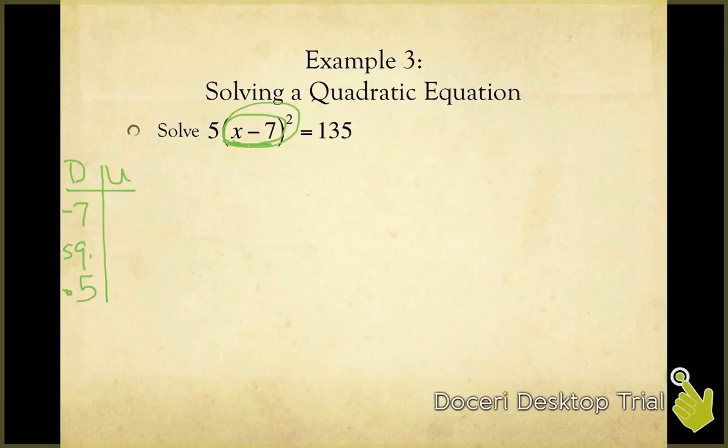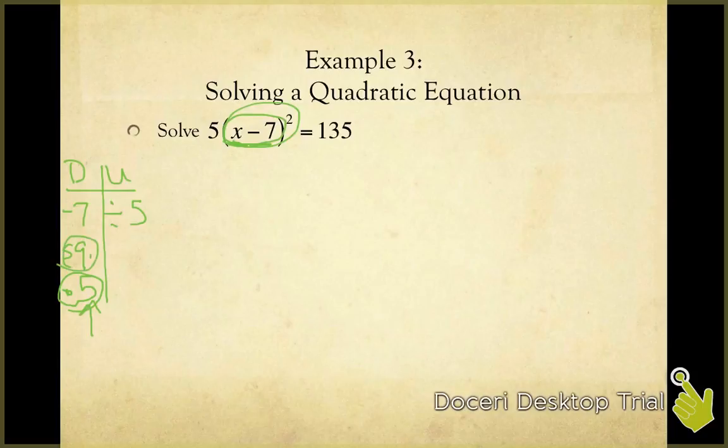Okay, so if that's what I'm doing to x, then what I need to undo is the opposite direction with the inverse operations. So this multiplying by 5 means I'm going to divide by 5.